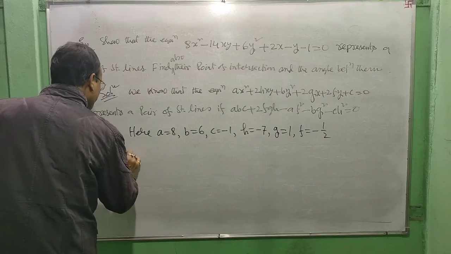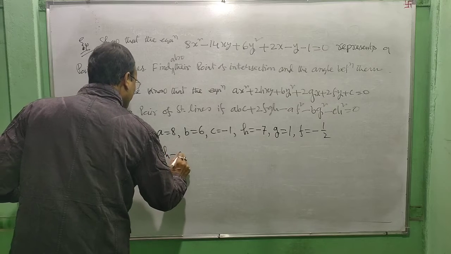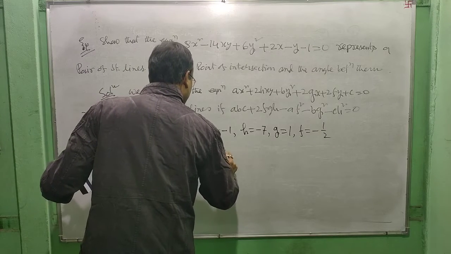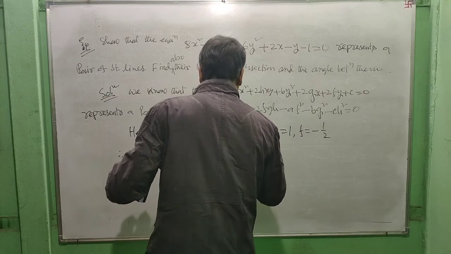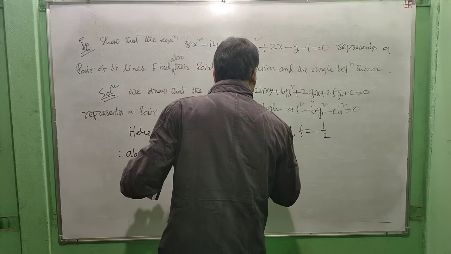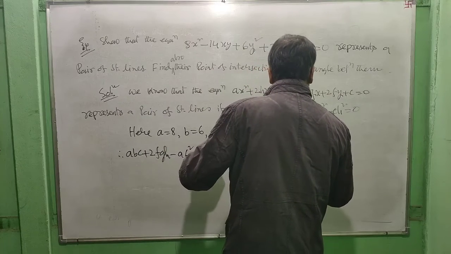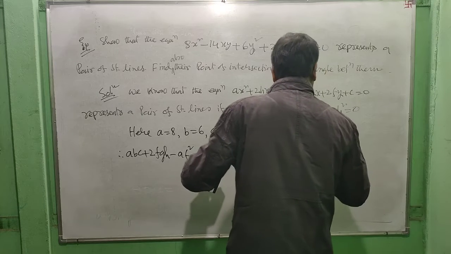Therefore, abc plus twice fgh minus af square minus bg square minus ch square is equal to, a means 8, b means 6, c means minus 1. abc plus twice fgh.